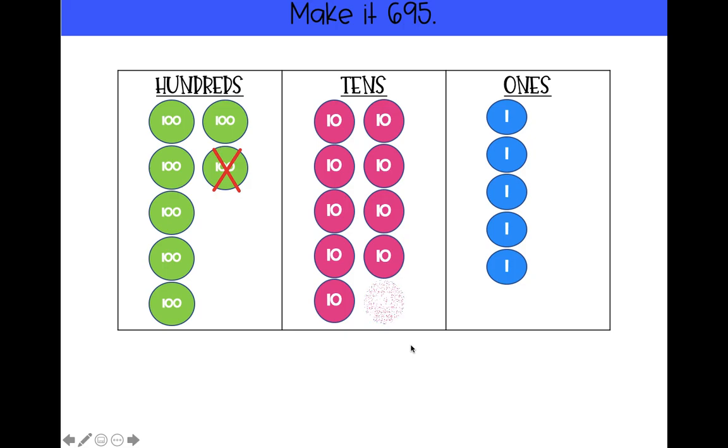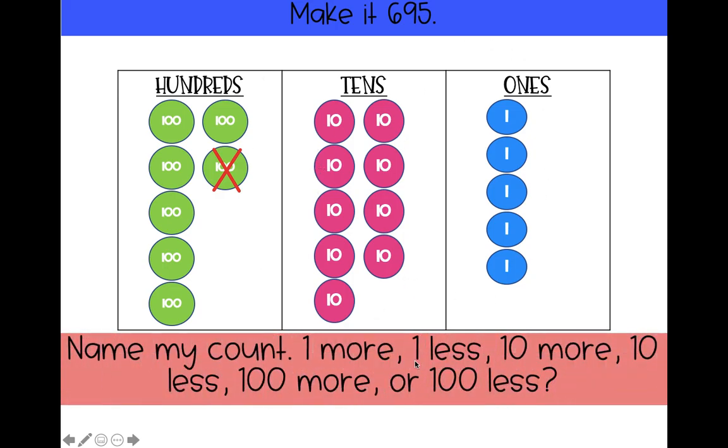We can by taking away a 10. Now we have 6 hundreds, 9 tens, and 5 ones. Name my count this time. Did we show 1 more, 1 less, 10 more, 10 less, 100 more, or 100 less? Very good, we showed 10 less.